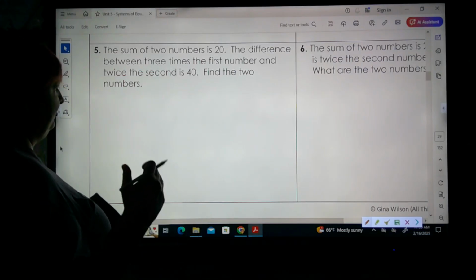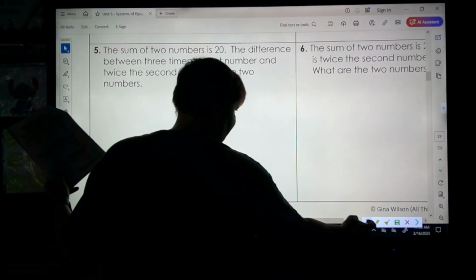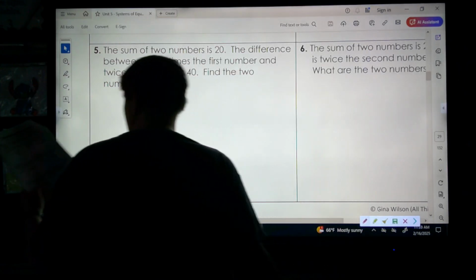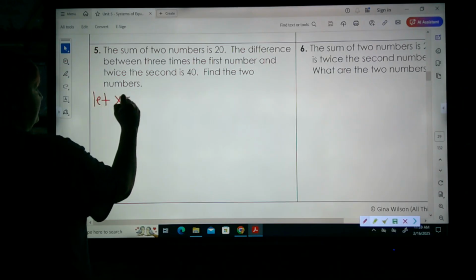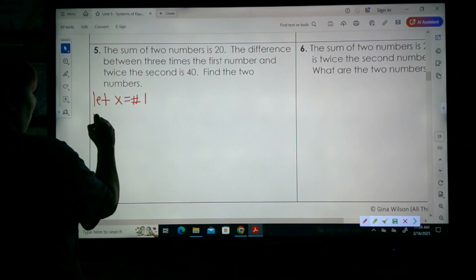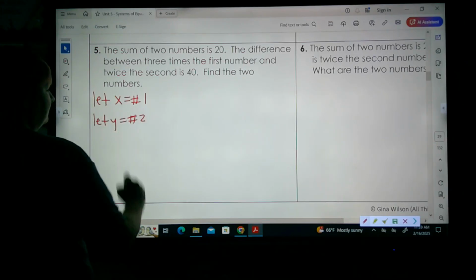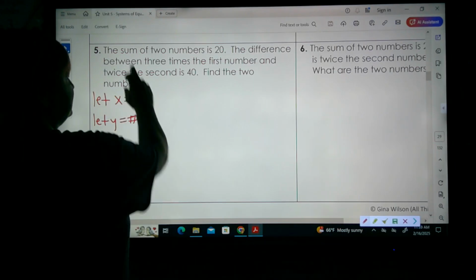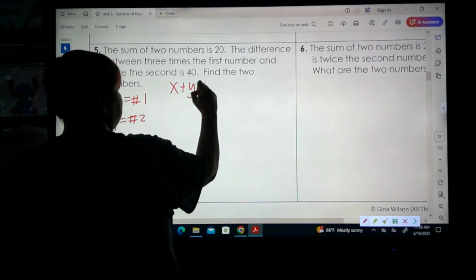Find the two numbers. Alright, so first let's define our variables. We're going to let x equal the first number again, and let y equal the second number. The sum of the two numbers is 20, so x plus y equals 20.